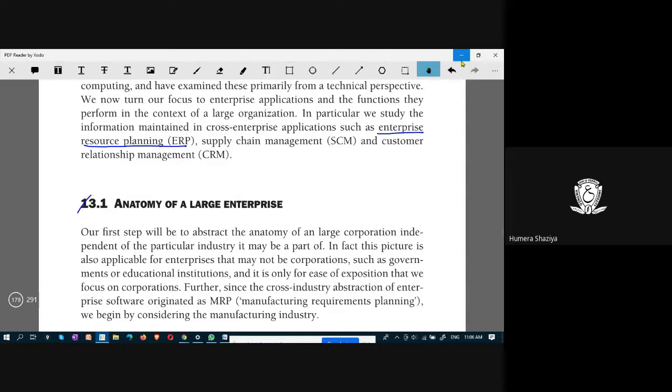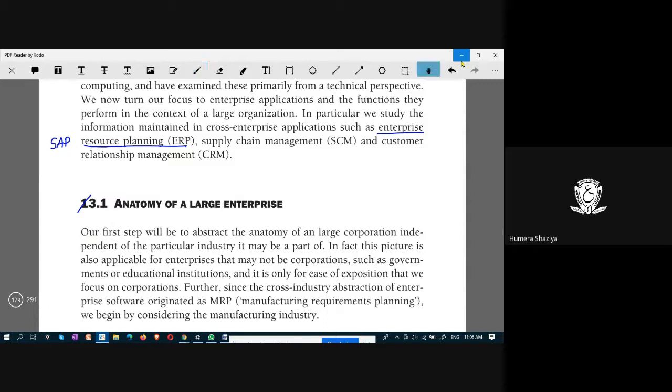Example, you might have heard about this. The most famous one is SAP. SAP is an ERP software. SAP training.